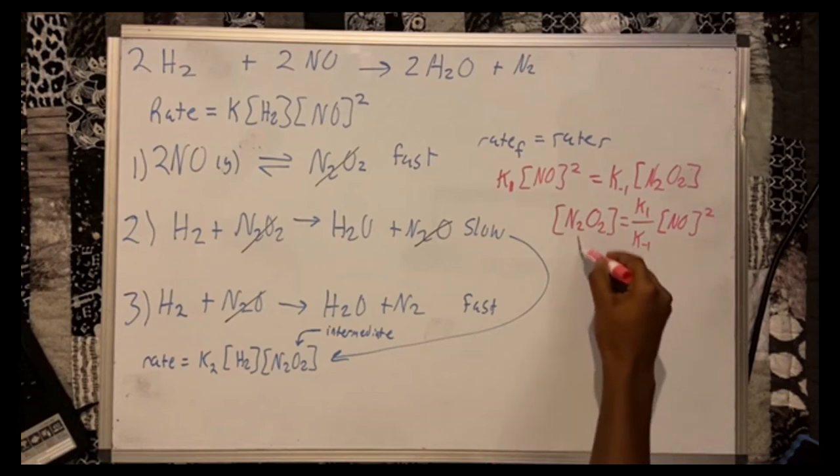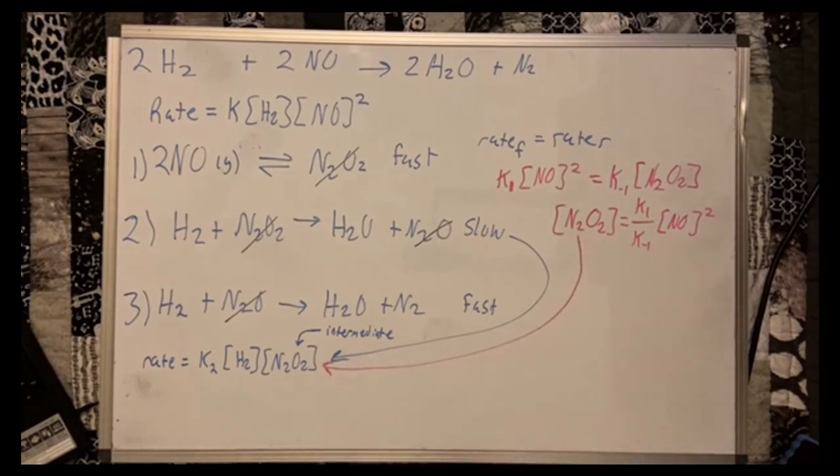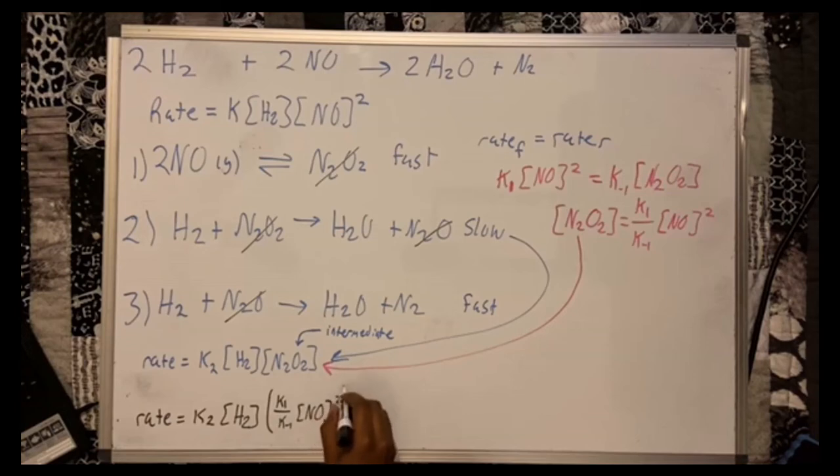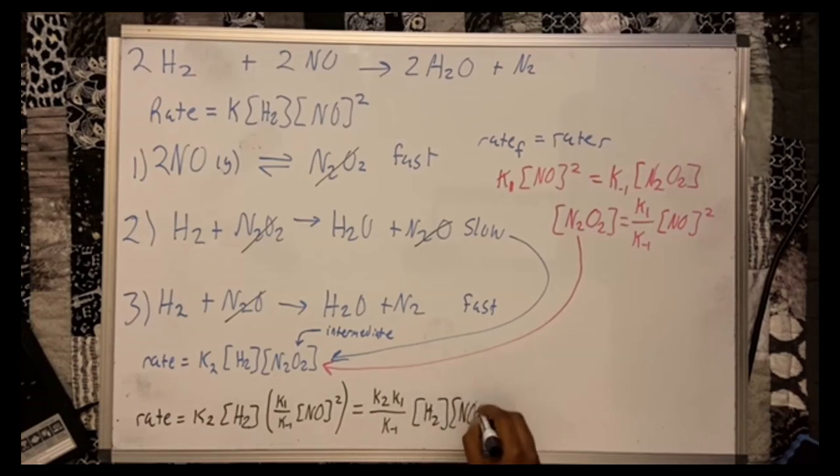All right, so I come down here, take this guy, toss him straight into that. And so I get that my rate equals k2 times [H2] times k1 over k minus 1 times [NO] squared. That's the same as k2 k1 over k minus 1 times [H2][NO] squared.